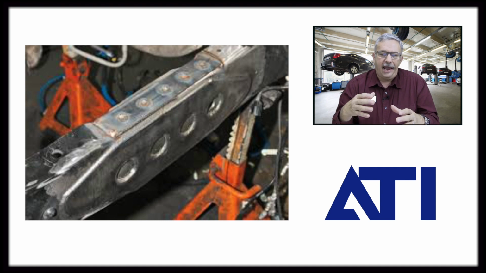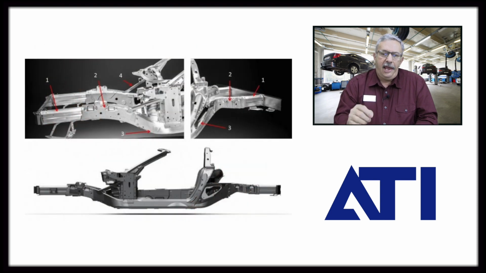The hydroforming has to be repaired in a very specific way with specific cut lines, and the frames in most cases are pre-marked, so there's a little mark in it that you would cut down through. Your replacement piece would go up to it, and you can section a new piece onto it.